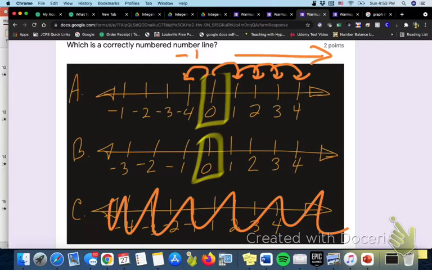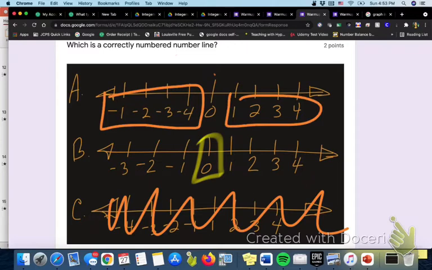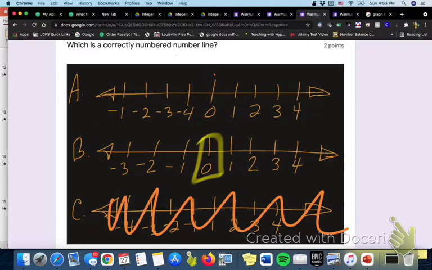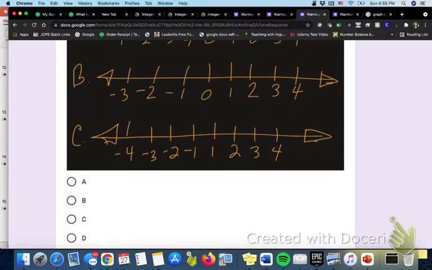So notice in A, it goes -4. That's a mistake a lot of people make when they're numbering a number line. They think it's going to go in order from left to right the same way it does on the positive side, and it does not. So you go 0, -1, -2, -3, and so on. So that means that we need to choose option B.